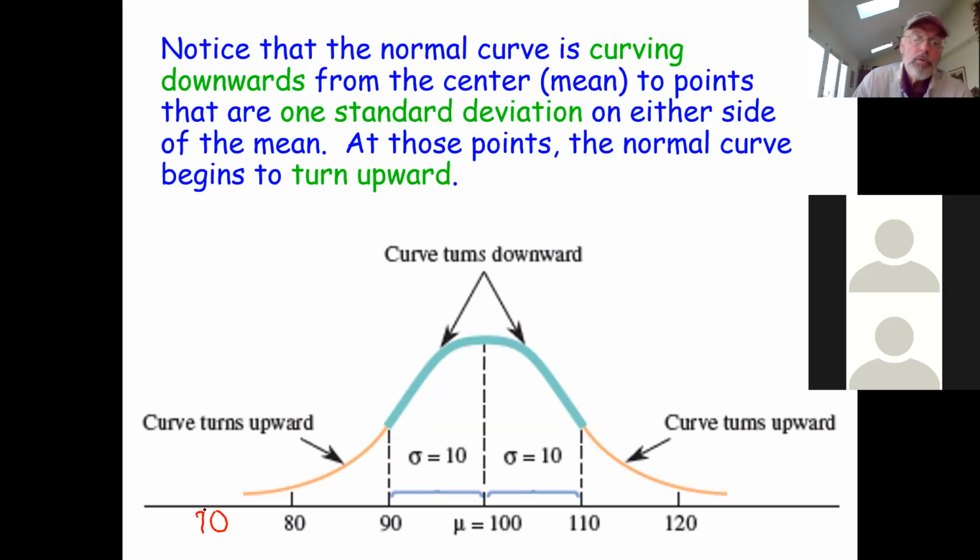All right, so the values down here in this tail, right around there, are they frequent or are they rare? Rare. They're very rare, given that the center is 100 and the standard deviation is 10.